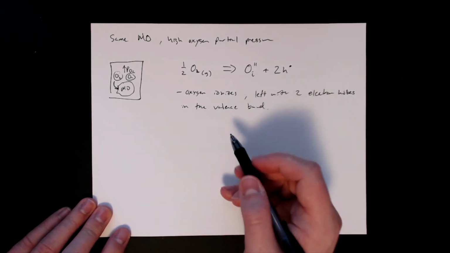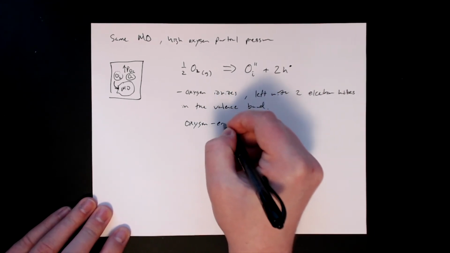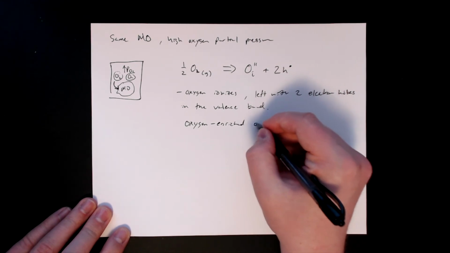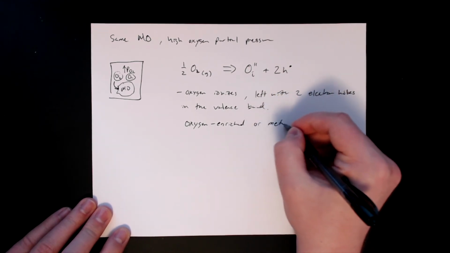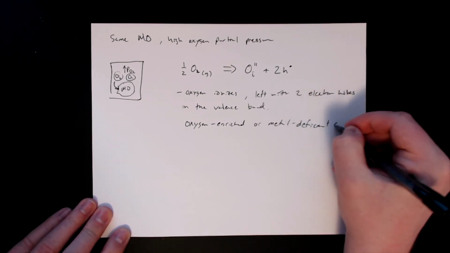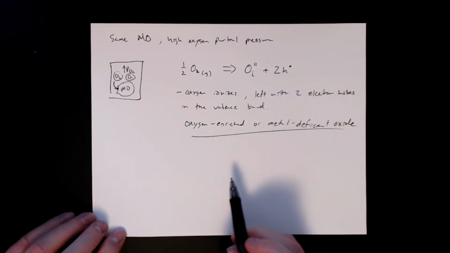And so this addition of oxygen, you can either think of it as an oxygen enriched oxide, or we could also think of this as a metal deficient oxide. So this is the kind of scenario that we're looking at in this case.